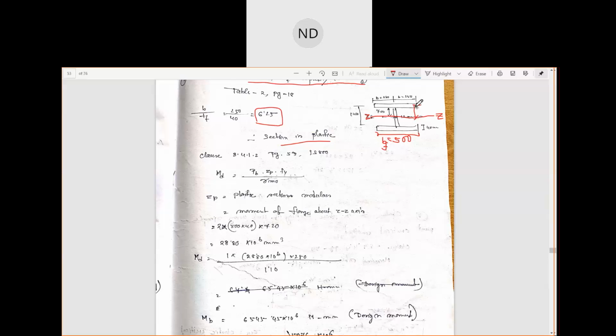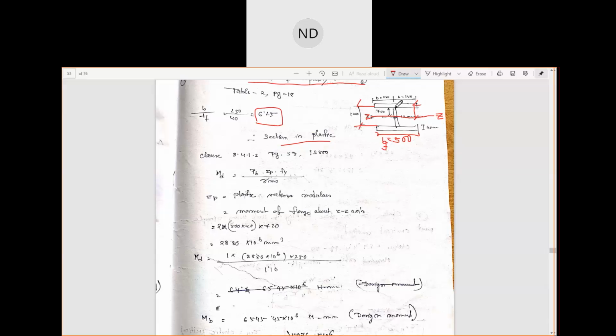Because this entire portion was 1400 from here till here. So half of the 1400 is 700. So this area of this flange is 500 into 40.